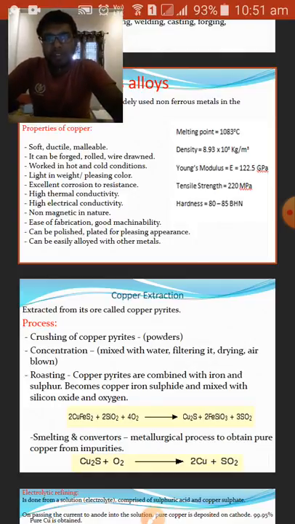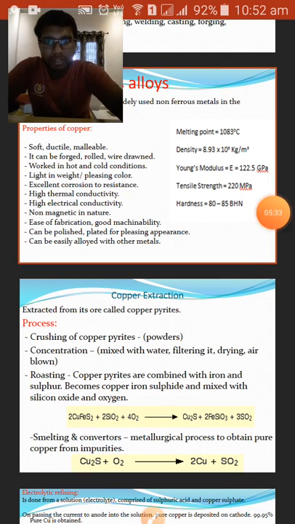The melting point of copper is around 1083 degrees Celsius, and the density of copper is around 8.93 × 10^3 kg per meter cube. The Young's modulus, that is E, of copper is 122.5 GPa.